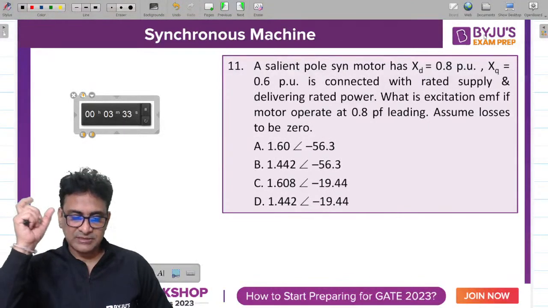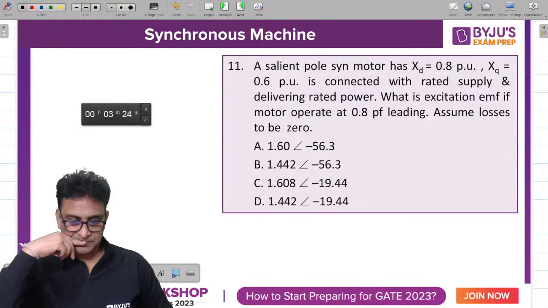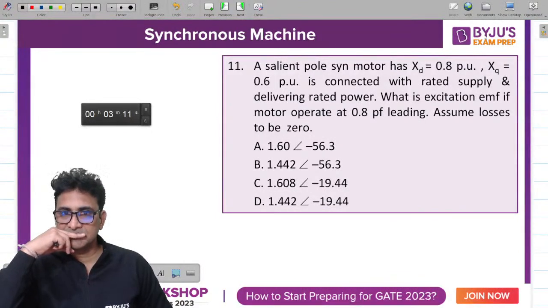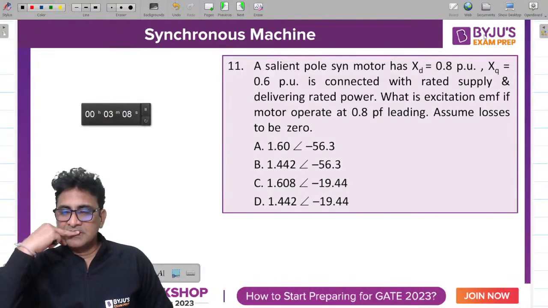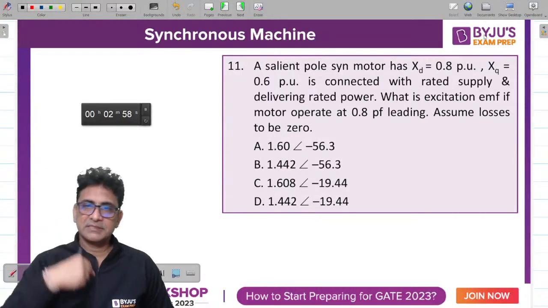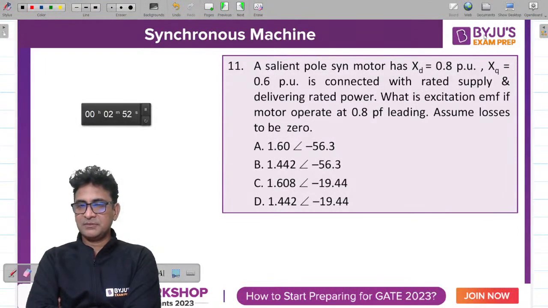It is a synchronous motor, not the synchronous generator. This is the area of the salient pole machine where most of the students do not pay attention.